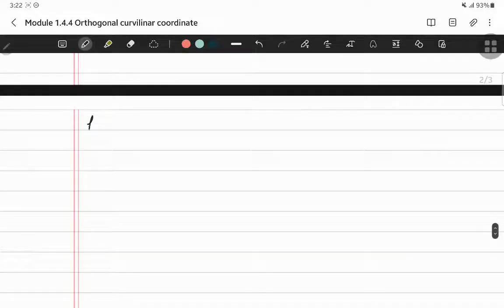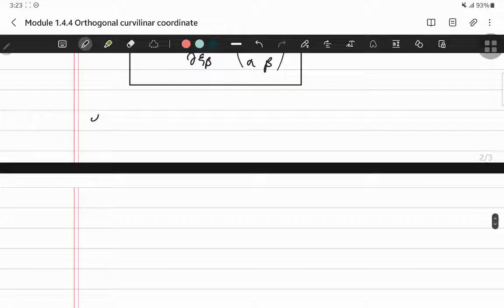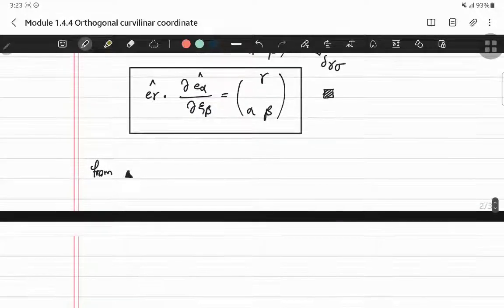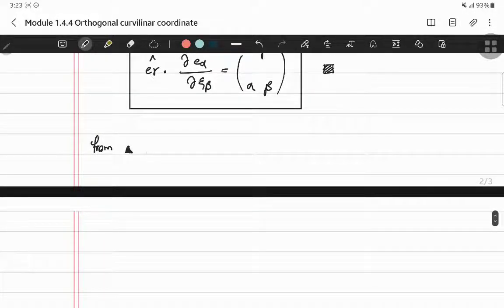So from black rectangular, or maybe I just write it here, substituting black triangle in square gives, so we have e gamma.